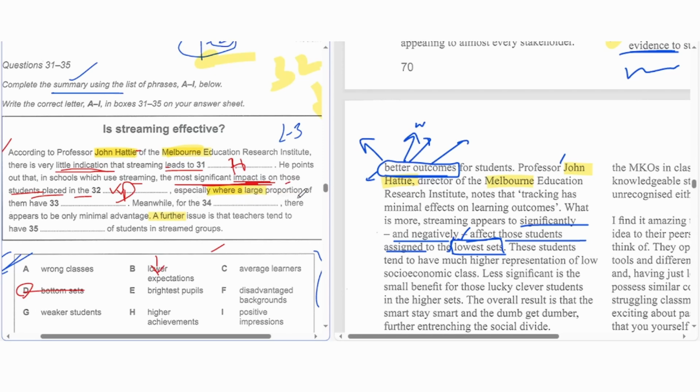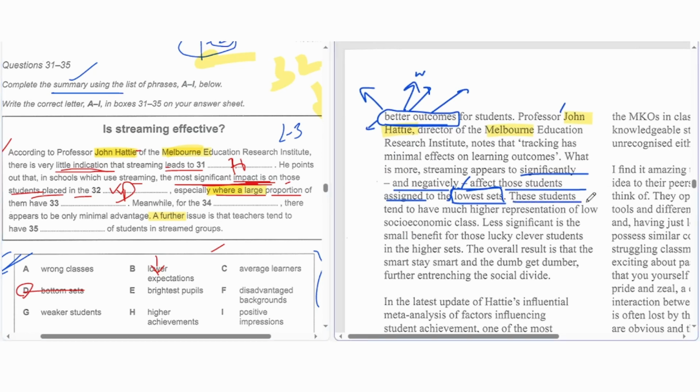Especially where a large proportion, what proportion? Large proportion, large number, large percentage of them have dash. So large percentage have what? That we want to find out.